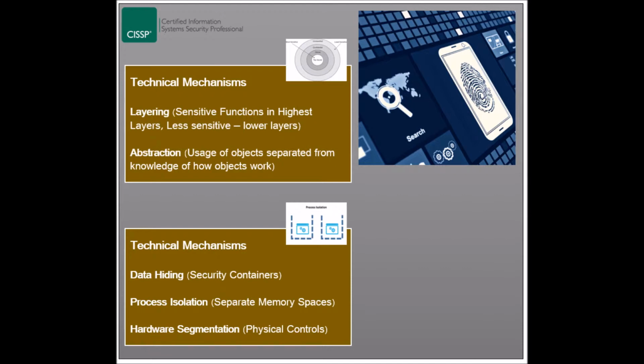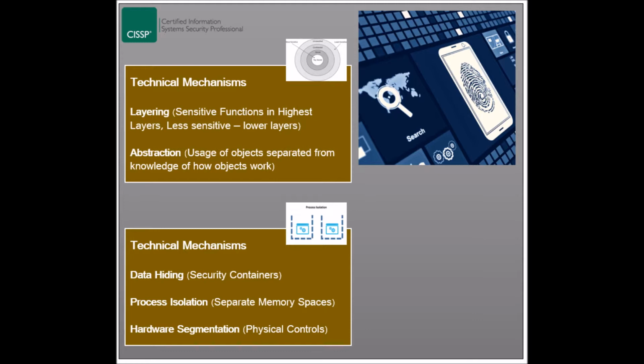The process isolation mechanism is achieved by separating memory spaces for each process's functions and data, which would prevent one process from accessing data that belongs to another process. This mechanism protects against accidental or malicious processes trying to read or change the data of other processes.